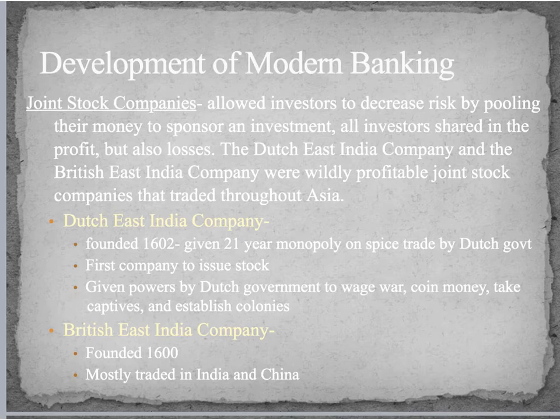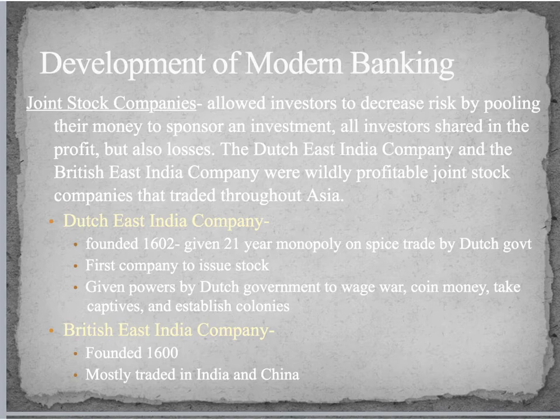The Dutch East India Company and the British East India Company were wildly profitable joint stock companies that especially traded throughout Asia. And you can see a few facts here about them. One thing I want to emphasize is that the joint stock companies were given extraordinary powers by their governments. So we don't usually think of private businesses as having some of these powers, like the ability to wage war, the ability to coin money, the ability to take captives.